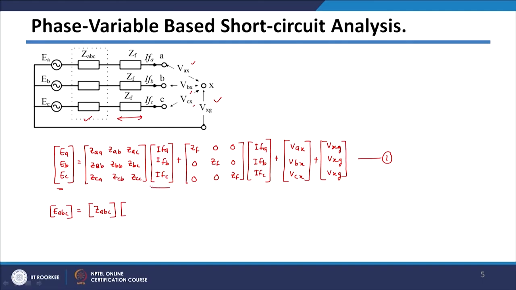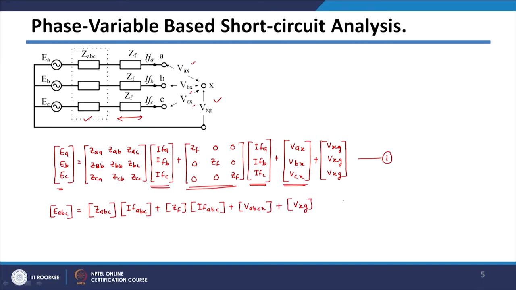This matrix multiplies IFABC, all the 3-phase quantities, plus this I can just say is the ZF matrix, multiplied again with your IFABC fault current, plus this matrix I can say is VABCX, because all the 3 quantities, plus your VXG matrix.